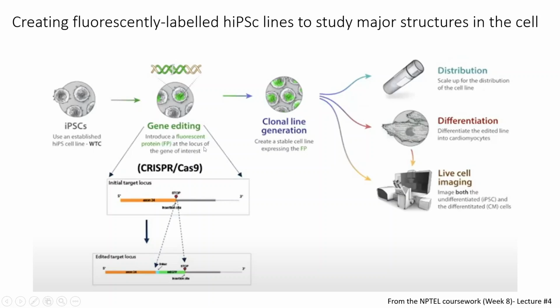So I need to determine the locus, that means where the gene of interest is within the genome of this iPSC, and then do my gene editing there and introduce the sequence that codes for the fluorescent protein into that locus or near that locus.